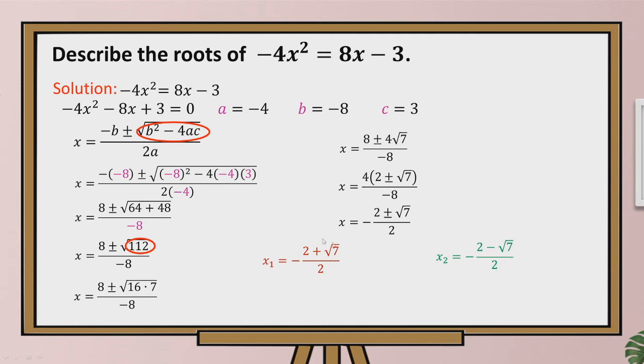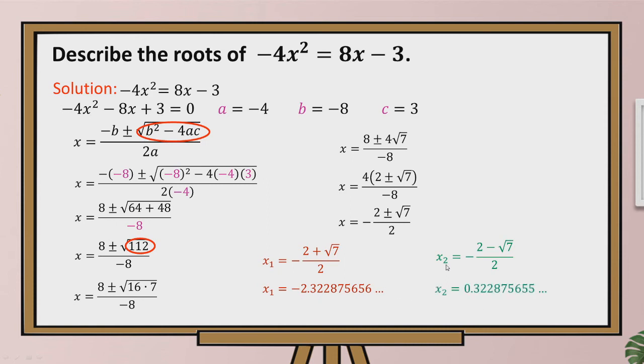So looking at this number, we cannot simplify this further. Kaya gamit ang ating calculator, ang value nito ay negative 2.322875656 and so on. Ibig sabihin nito, this is an irrational number.